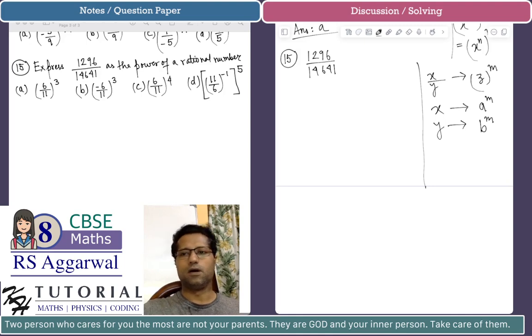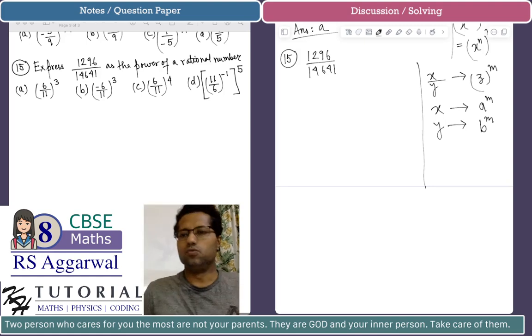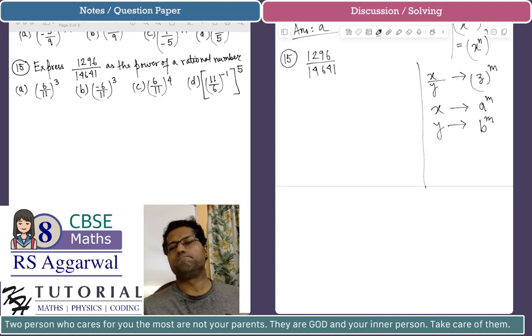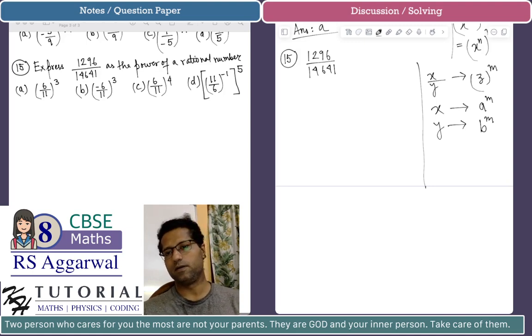For this, you must be able to express both the numerator and the denominator as a power where the power is the same. Let's say x can be expressed as a to the power m and y as b to the power m.